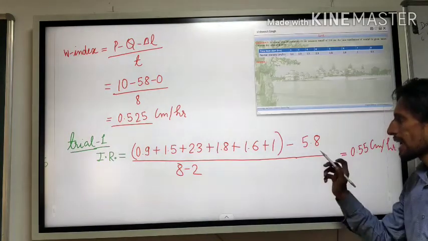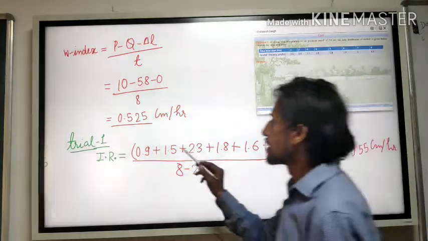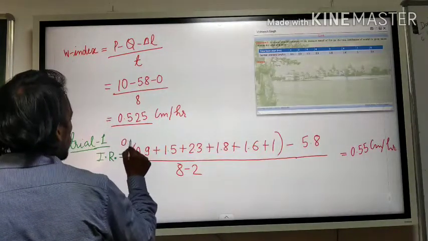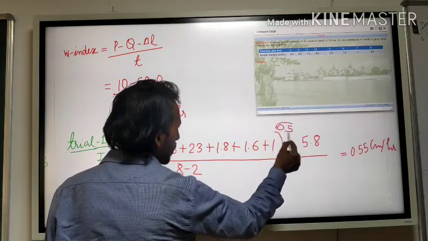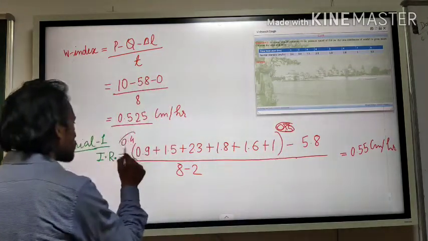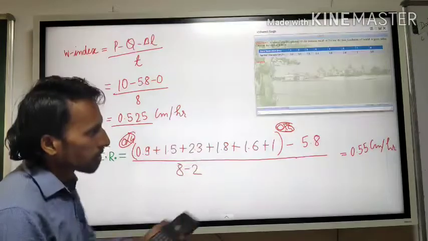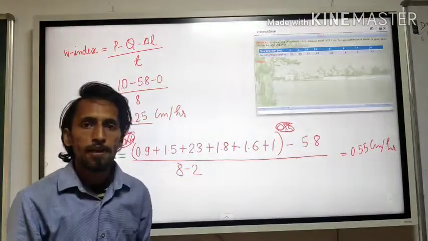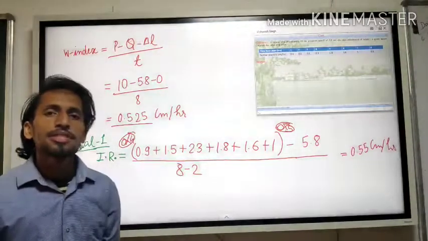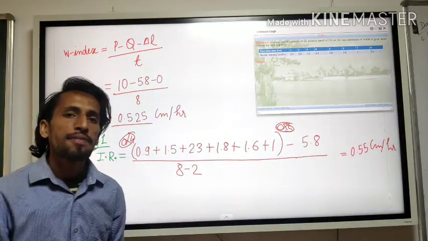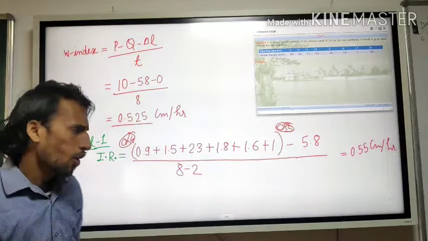What I have done, I have removed 0.4 and 0.5. I have removed these two parts. So you get this value. So you have to check whether 0.55 is the maximum value or not.